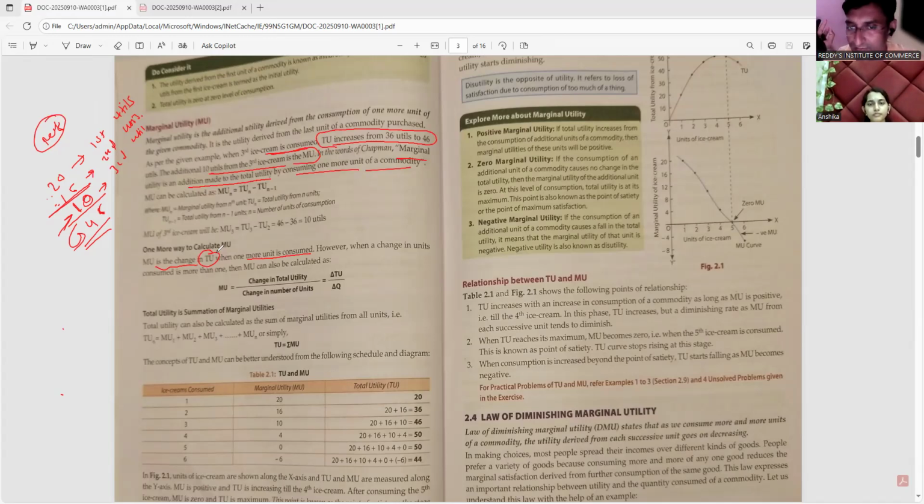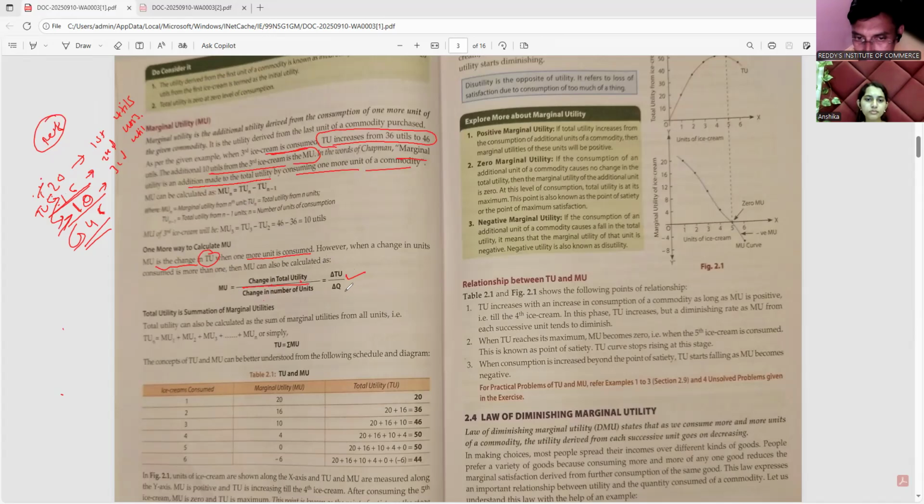That is called marginal utility. So the formula of marginal utility is the change in total utility. In this scenario, your total utility was changing: first you consumed 20 units, then 16 units, so total utility changes. Then the change in the number of units is different in different scenarios. So this is the formula.